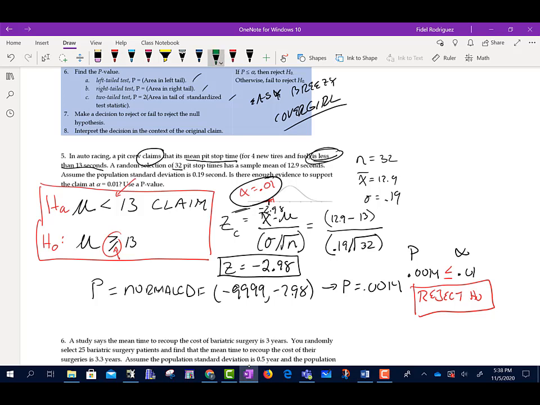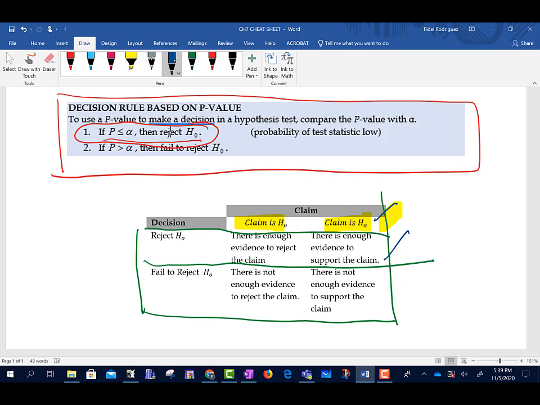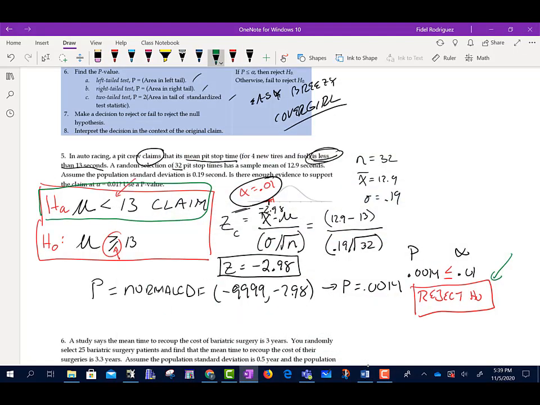Our claim happened to be the alternate, and we are rejecting the null hypothesis. So because my claim was the alternate, and we're rejecting the null hypothesis, then we're going to say there is enough evidence to support the claim.